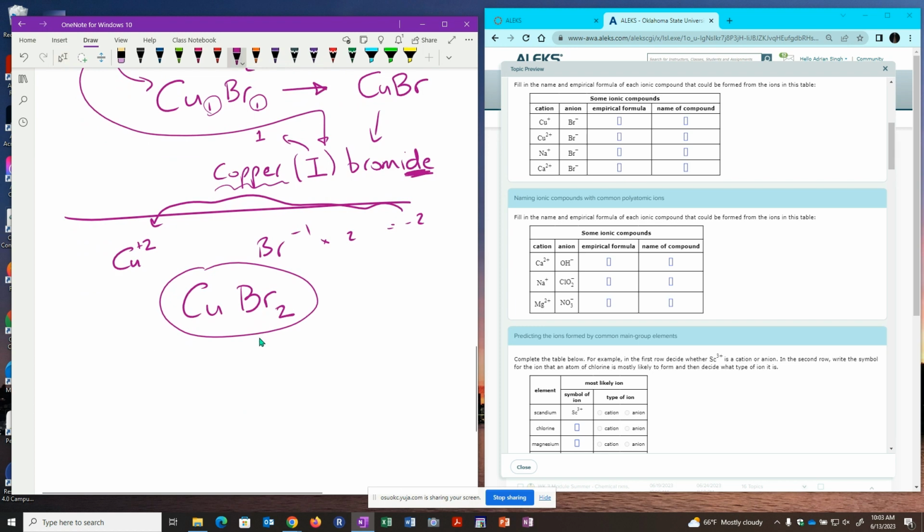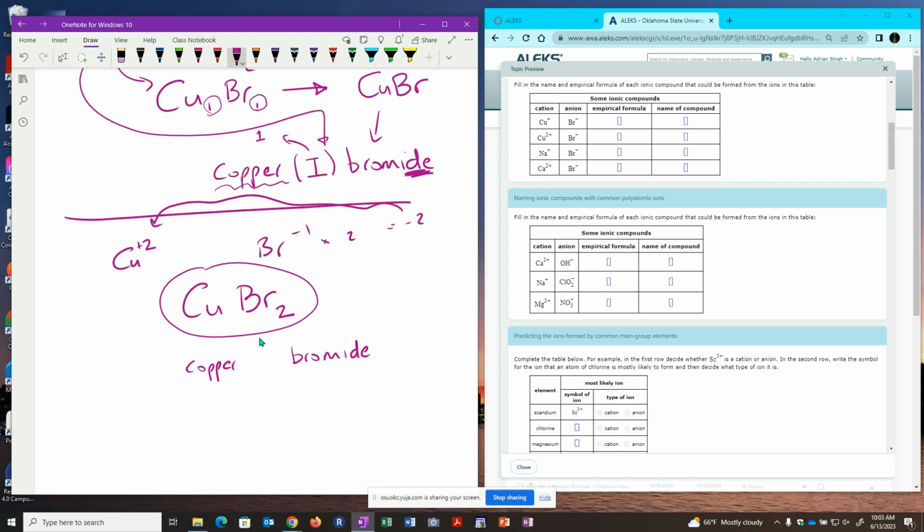The name again, we have copper first, so we write that. That's the metal's name goes first. Br as a last name, again, is bromide. Okay, the 2 here, in terms of the name, there's nothing in the name for ionic compounds that tells us this is 2.